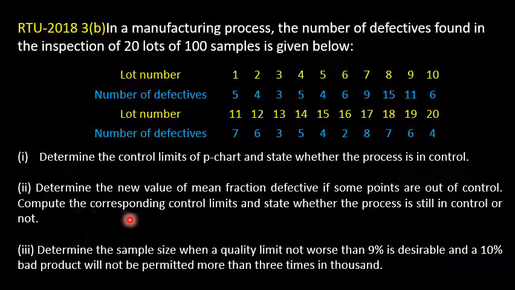Second, determine the new value of mean fraction defective if some points are out of control, compute the corresponding control limits, and state whether the process is still in control or not. Third, determine the sample size when a quality limit not worse than 9% is desirable and a 10% bad product will not be permitted more than 3 times in 1,000.